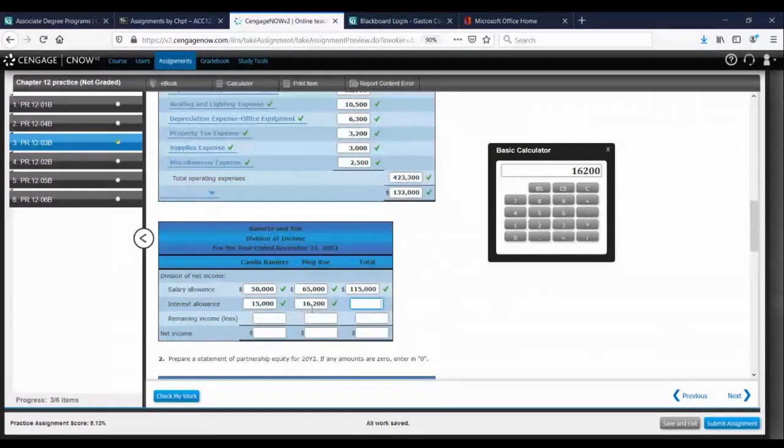And then we're going to add both of the interest allowances together to find the total interest allowance of $31,200.